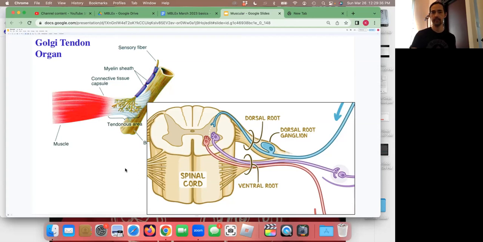I won't go into the dorsal root and the dorsal root ganglion, although I do want you to know that a ganglion is an area where lots of neurons gather. Usually it's the nerve bodies of the neurons, but you don't have to remember that. I just want you to know that a ganglion is an area where lots and lots of neurons gather so that they can pool information or share information.